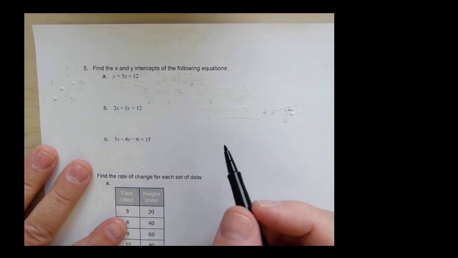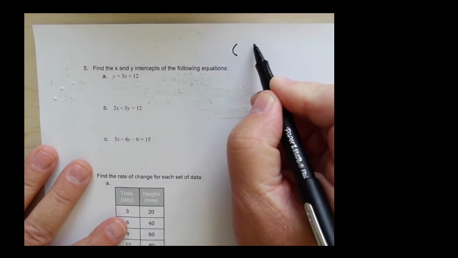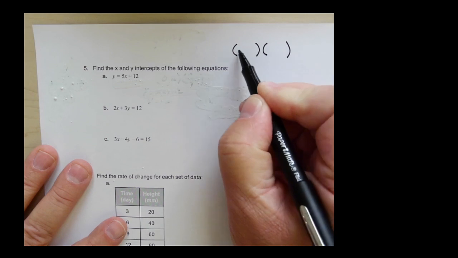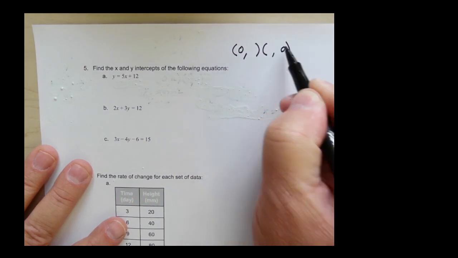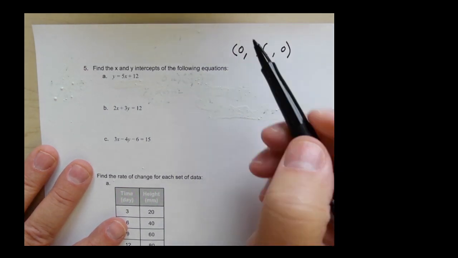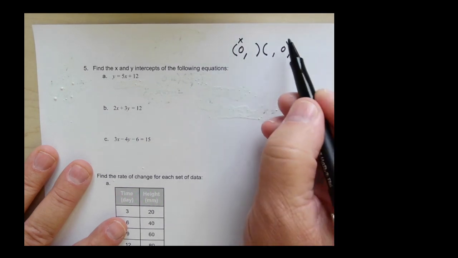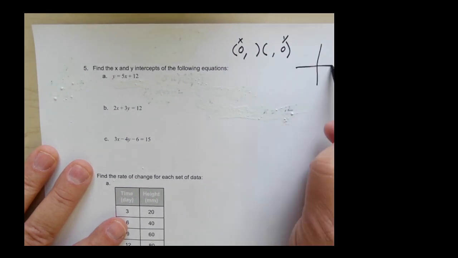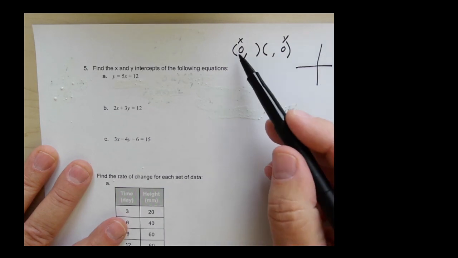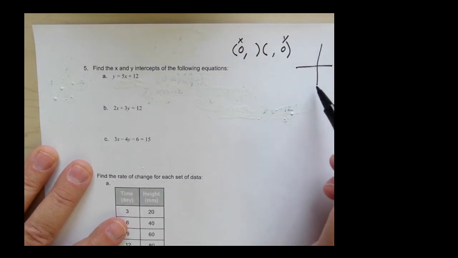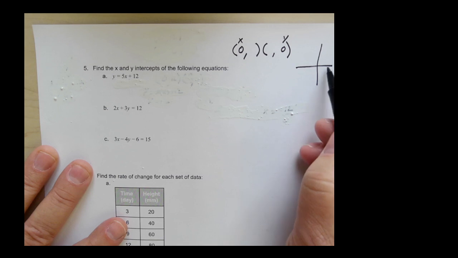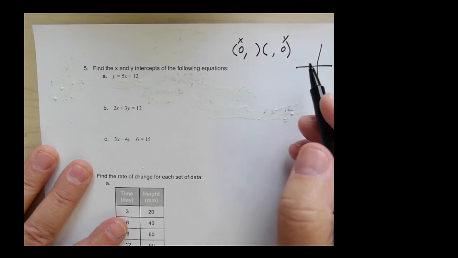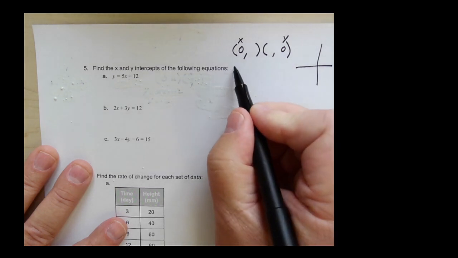Find the x and y intercepts. Find 2 points where x is 0 and y is 0. And that's because when x is 0, you're going to find the y-intercept. When y is 0, you're going to find the x-intercept. So do the math.